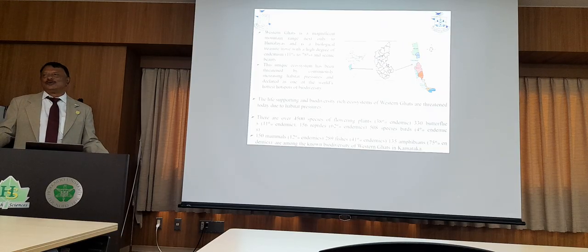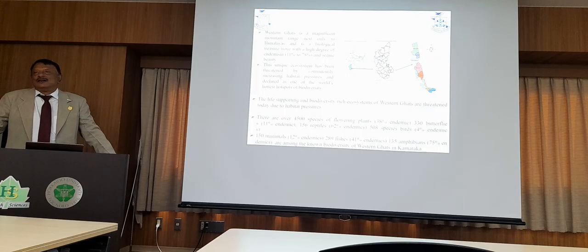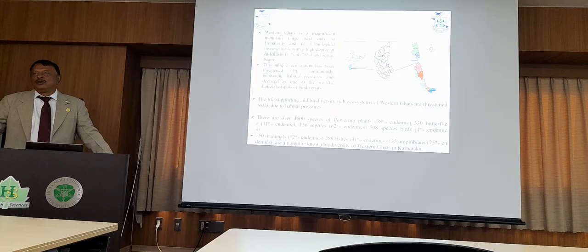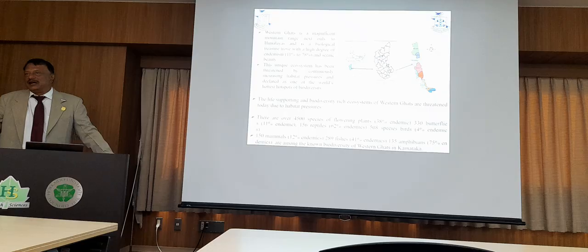Now I want to give a simple glimpse of some of the work I also carried out related to environmental science. You all know that hotspots, where endemic species are present, are very important. In India, the United Nations identified two hotspots: one is the Himalayan foothills hotspot, and another is our own Western Ghats in South India.